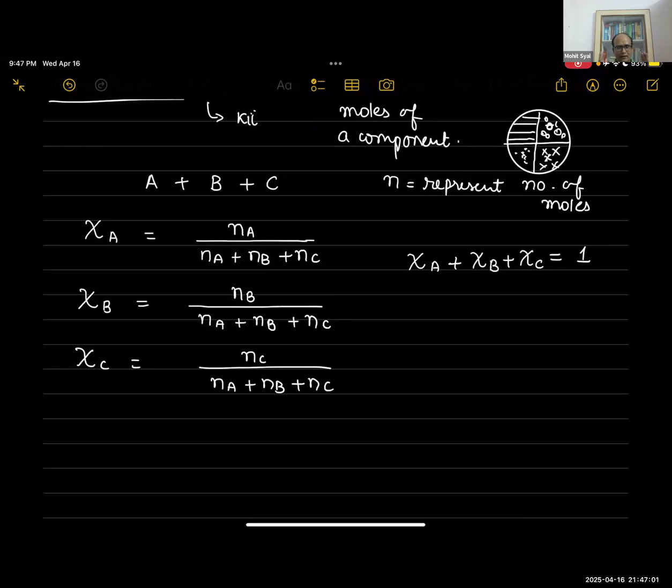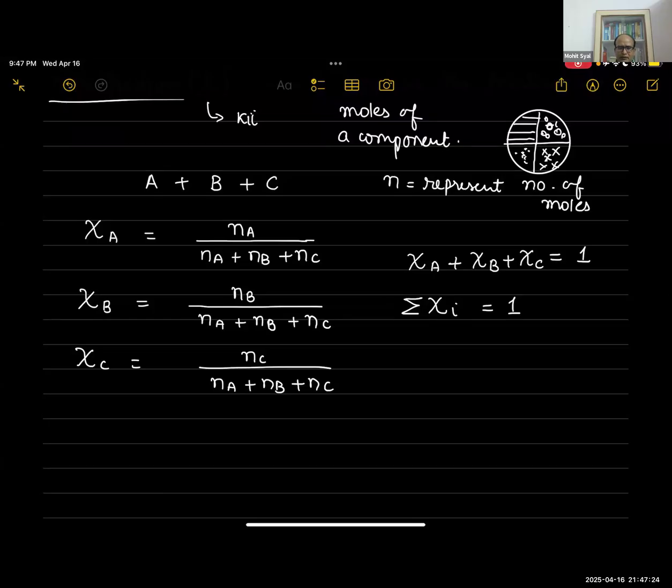When fractions get added, 1 by 4, 3 by 4, you will get 1. So the sum of the mole fractions of all the components will be equal to 1. This sigma represents the sum. This is in short form I have mentioned.